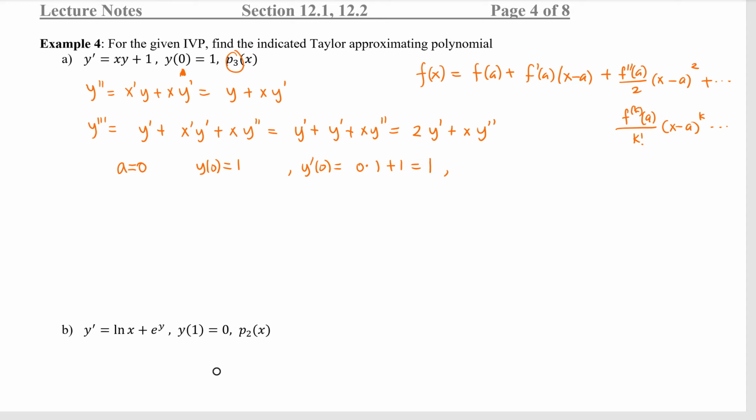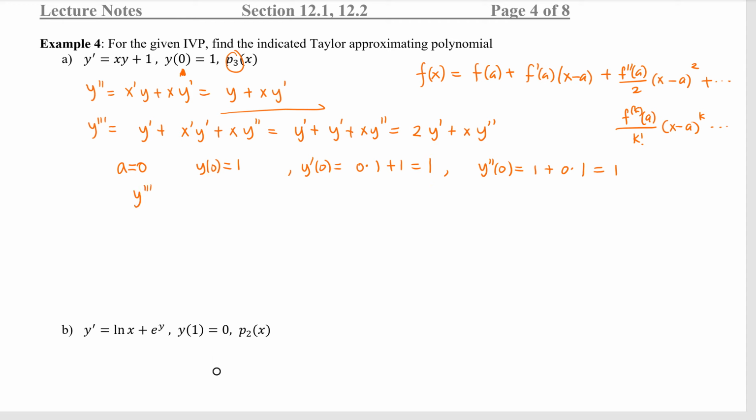That's y prime of 0. And for y double prime of 0, we use this formula: y of 0, which is 1, plus 0 times y prime of 0. So the answer is also 1.